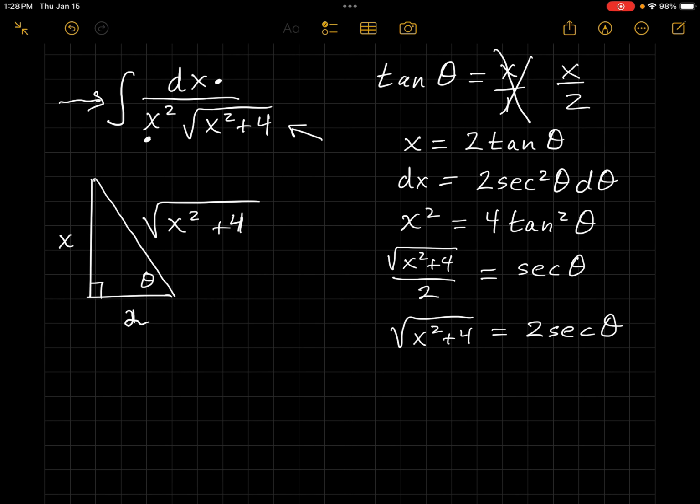And now I'll substitute into my integral. So dx is 2 secant squared theta d theta. X squared is 4 tangent squared theta. And then square root of x squared plus 4 is 2 secant theta.